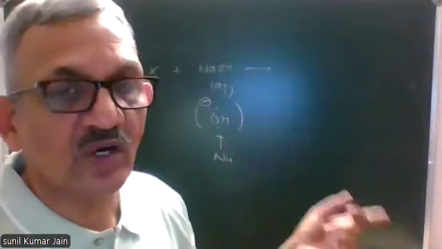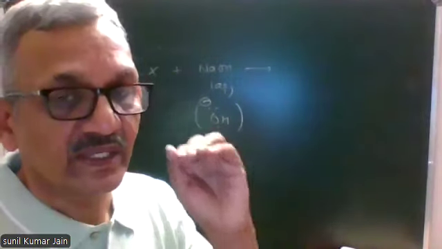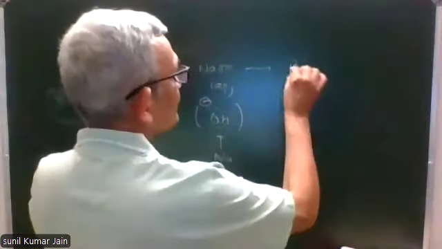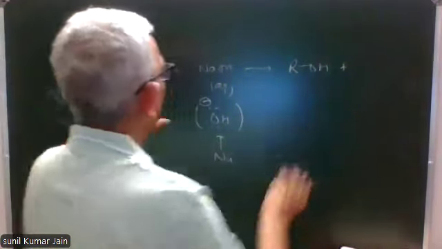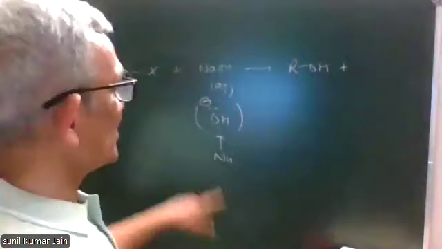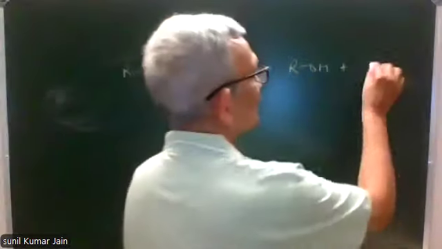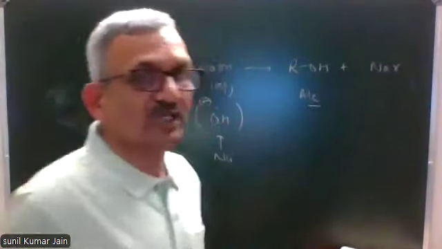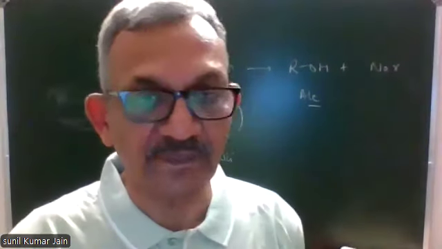So oxygen of hydroxide ion will donate lone pair of electrons and form a bond with R. Halogen will be knocked out as X- ion. This X- will combine with Na+ to form NaX. The product obtained is an alcohol, right?